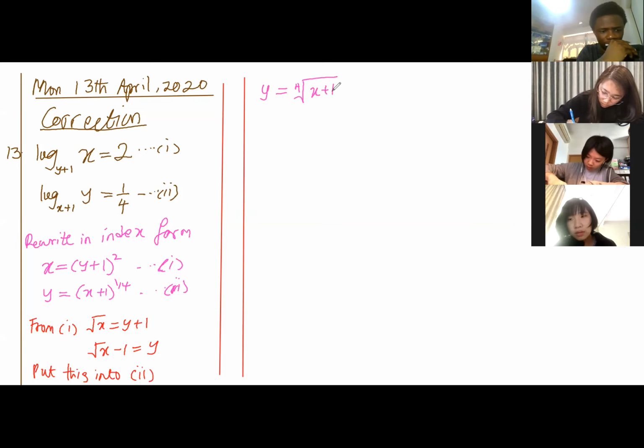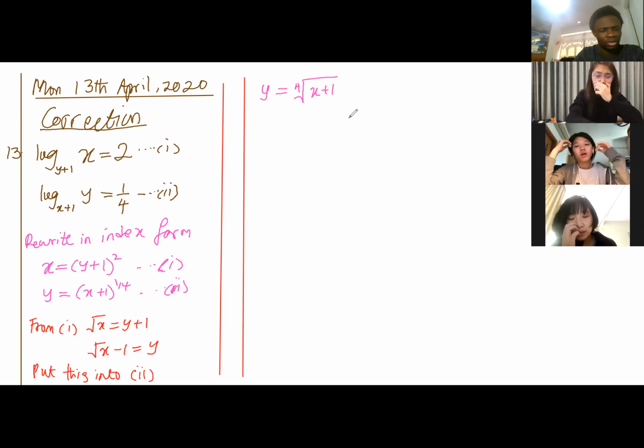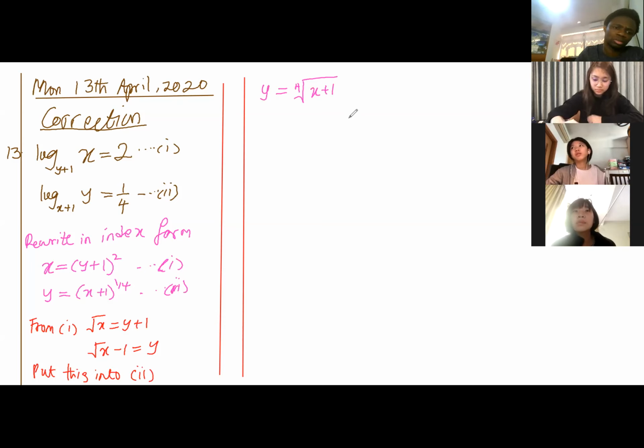I don't think the question is the correct one. I mean, isn't it? I think you mixed up x and y. That's why I asked. I think it's switched around. What do you mean switched around? It should be log to the base x plus 1, y equals 2. And log y to base y plus 1, x equals 1/4.